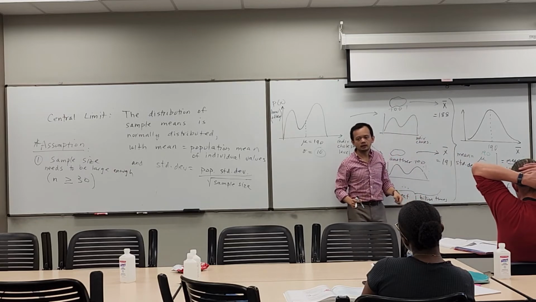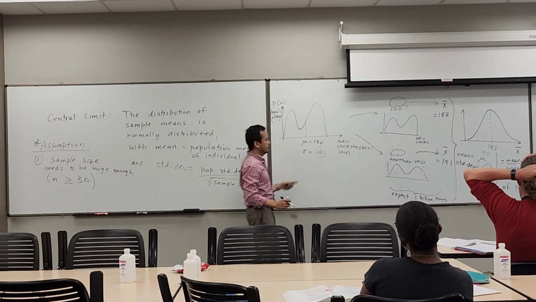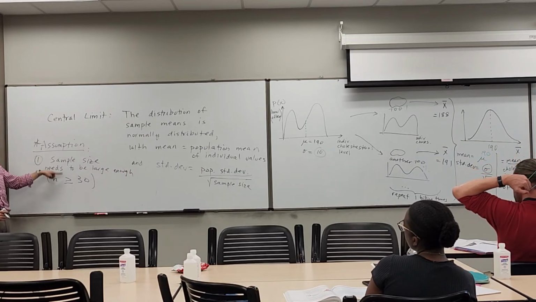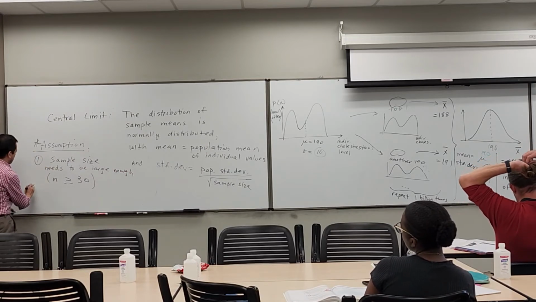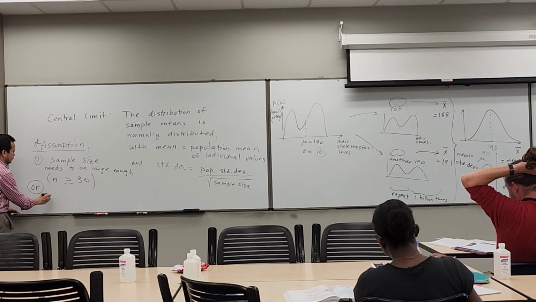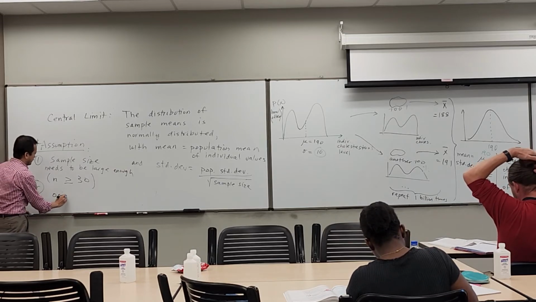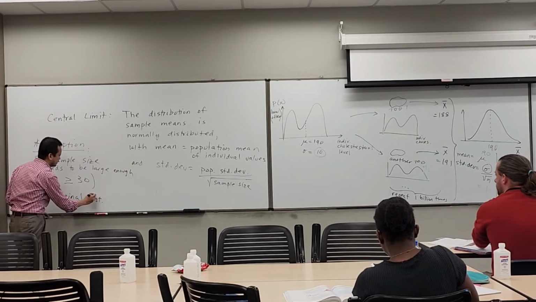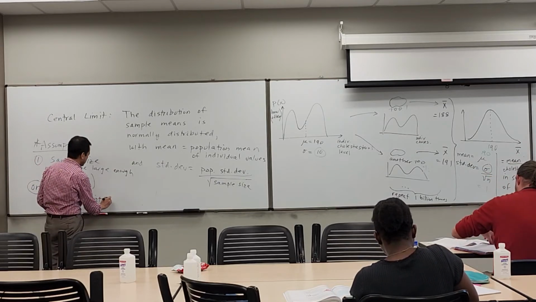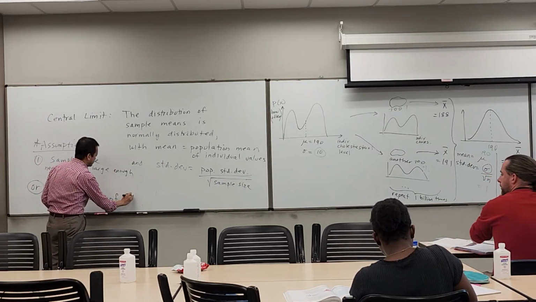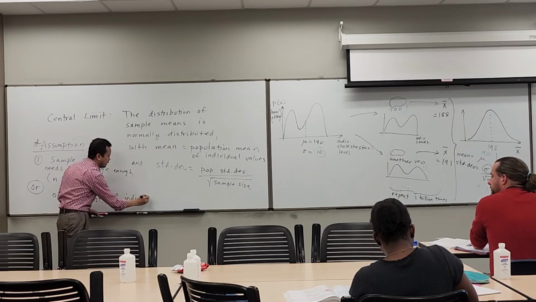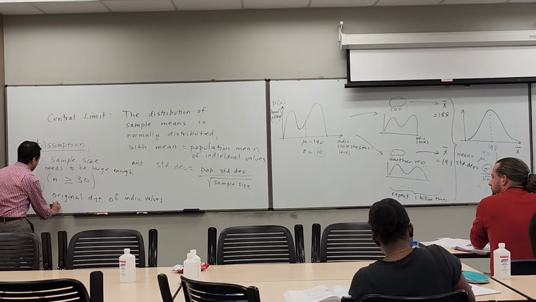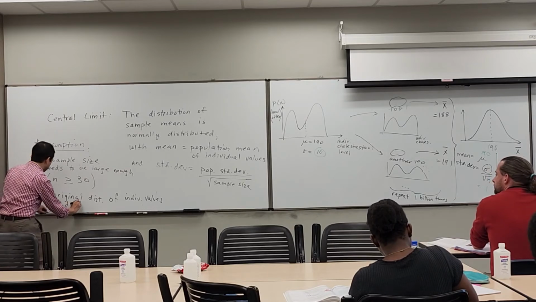It has to originally be a bell curve. Very good. So in the assumptions, either the sample size has to be large enough, or the original distribution of individual values has to already be a bell curve.